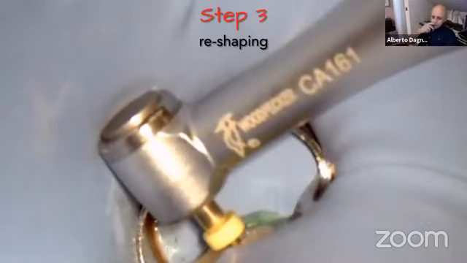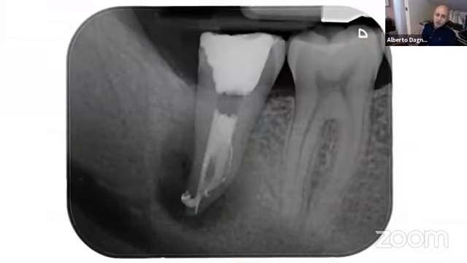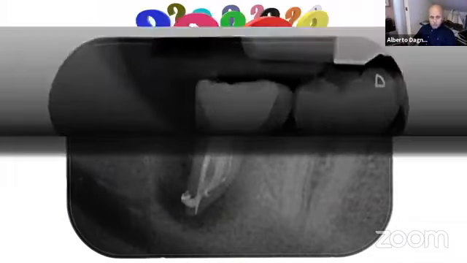And then I concluded the ordinary treatment with shaping, cleaning, and three-dimensional obturation.